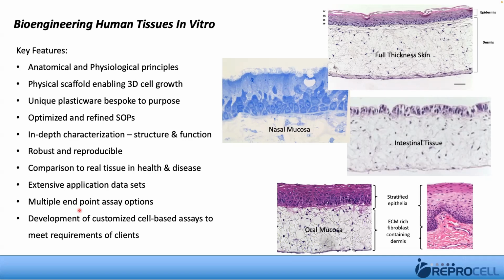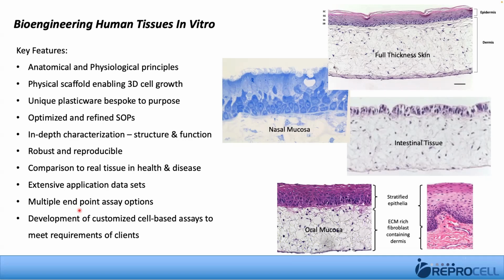We have also developed unique plasticware to enable this process to happen. And each of the models have defined standard operating procedures and methodologies. They're highly characterized and they're robust and reproducible. We compare the models directly with real tissue, both those of healthy and diseased tissues. For many of the models, we have extensive application data sets and publications.